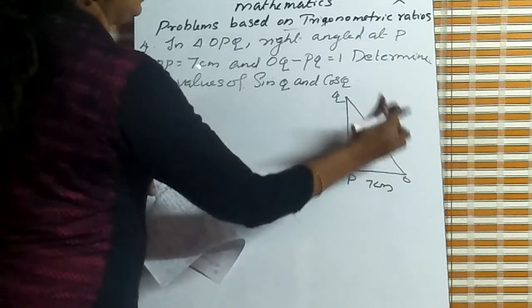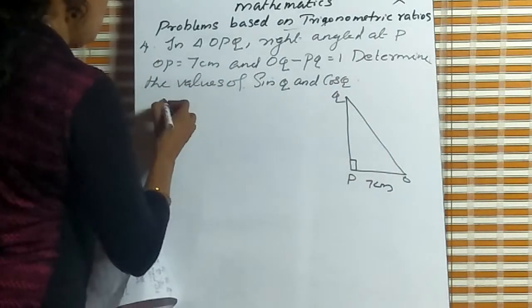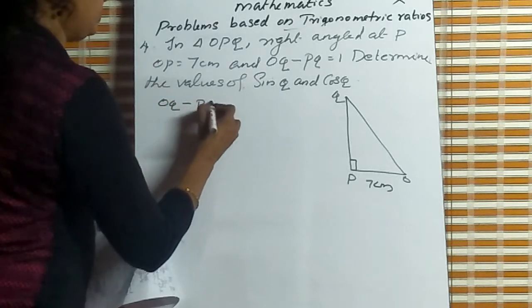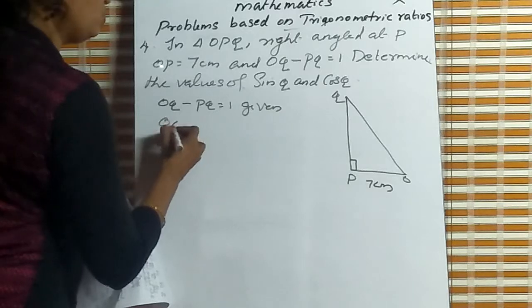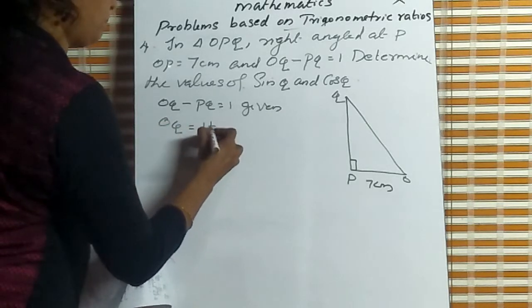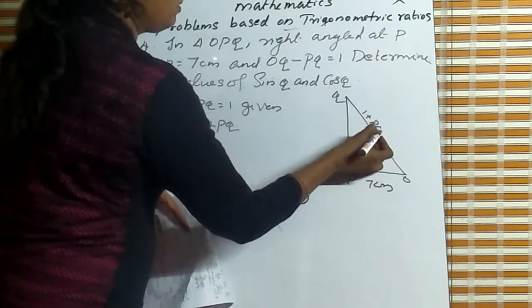So what is OQ? Given OQ minus PQ is equal to 1, OQ is equal to 1 plus PQ.